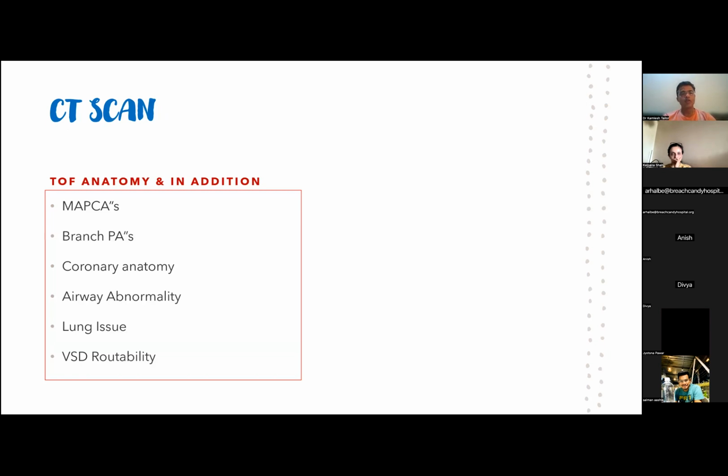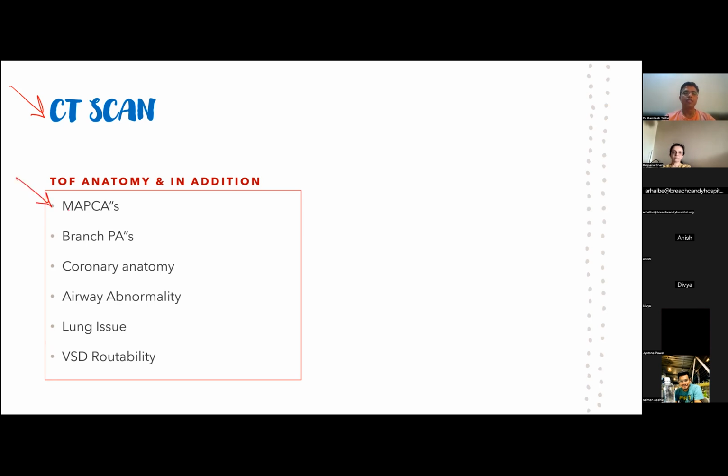To complete the diagnosis, sometimes it is required, apart from echocardiography, to do a CT scan, MRI, or cardiac catheterization, especially in tetralogy of Fallot. So what benefit are we getting when performing a CT scan, or what information do we want from it in tetralogy of Fallot?